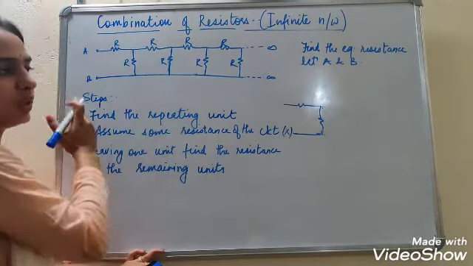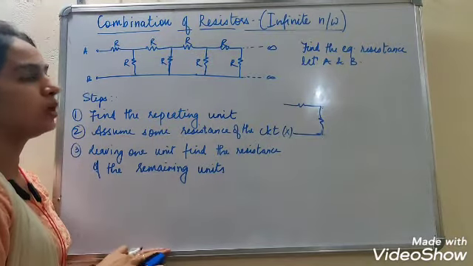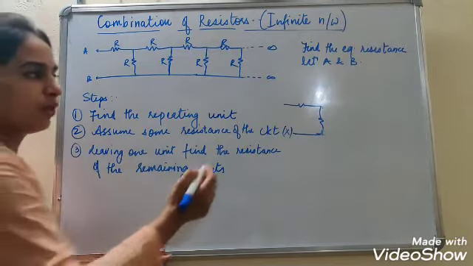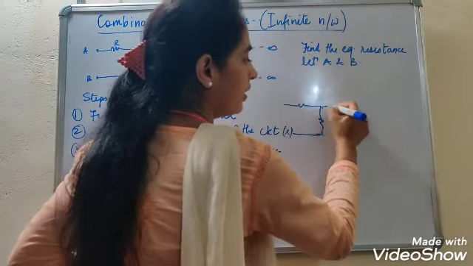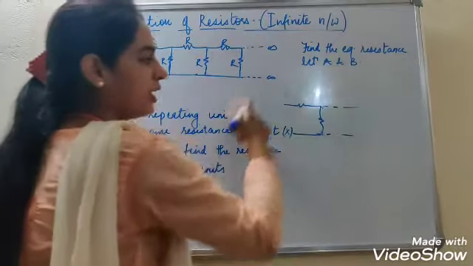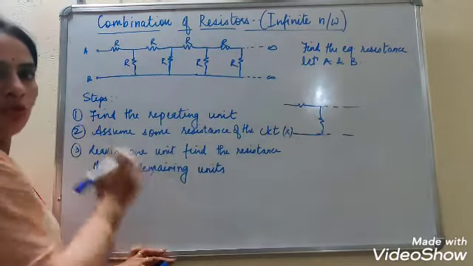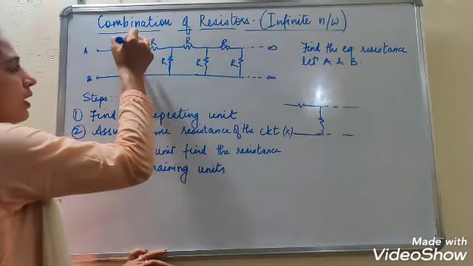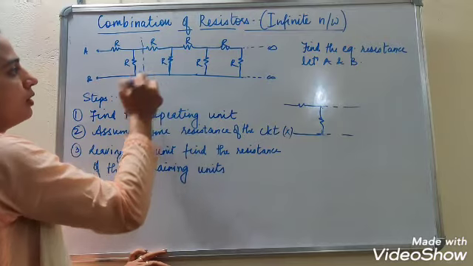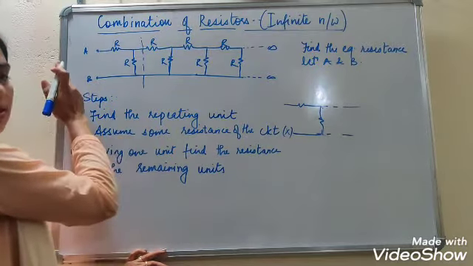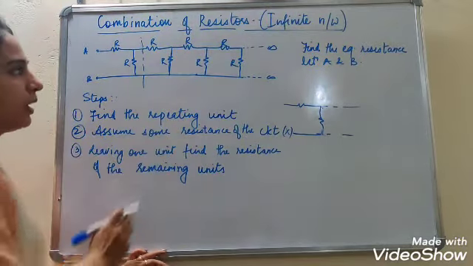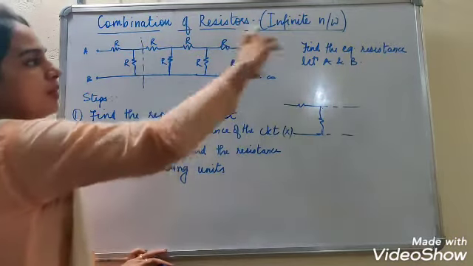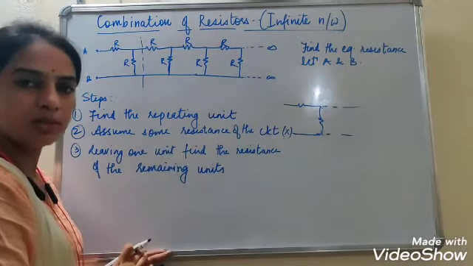Now leaving one unit, you calculate the total resistance of the remaining units, okay? If the total resistance of this network is X, then leaving this part, this is the repeating unit, and this is the remaining part. So if the total resistance is X, then what will be the resistance of this remaining unit?